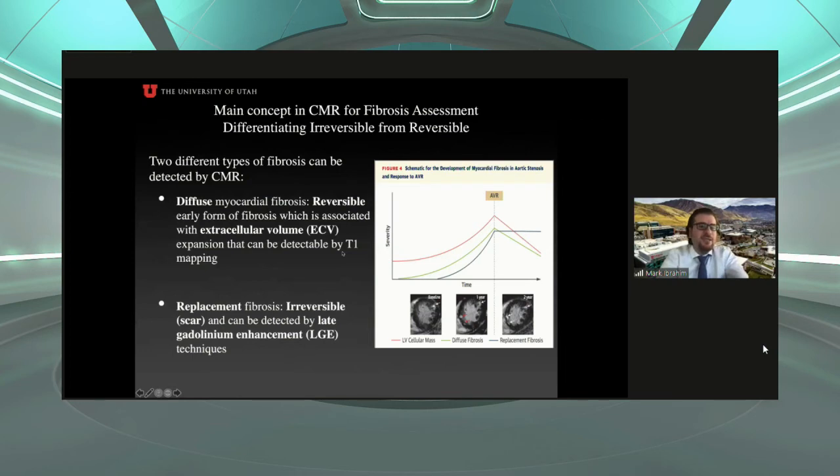So the concept here: we know from several studies that severe aortic stenosis is a progressive disease and causes myocardial fibrosis. There have been studies showing that there are initial stages of reversible myocardial fibrosis, which is basically here in green. If you intervene, mainly studies show in TAVR and surgical aortic valve replacement, they showed that this reversible fibrosis really can be reversed.